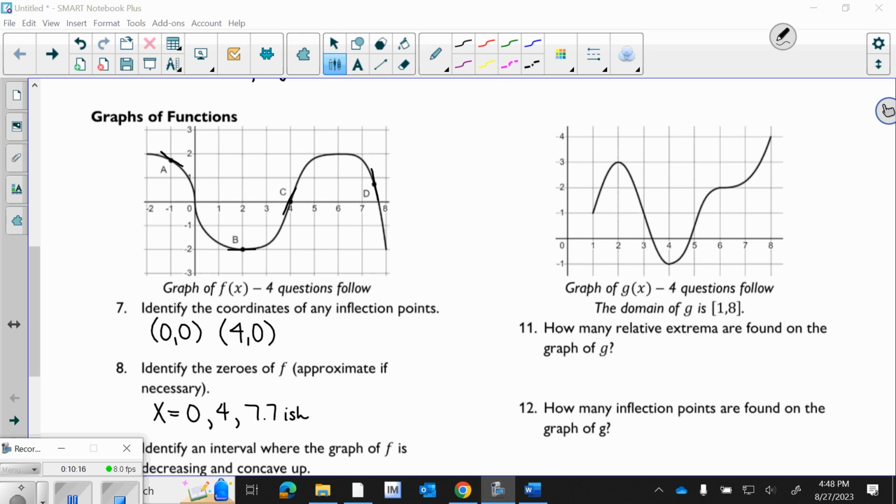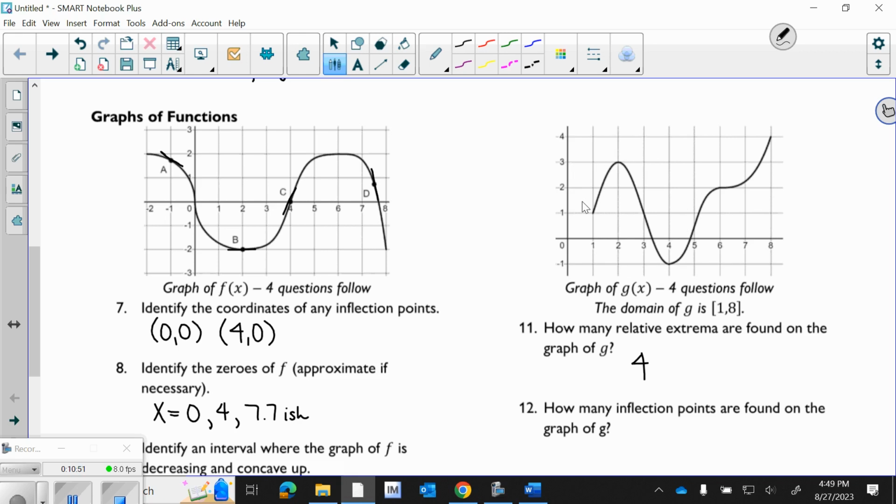So if we are counting the relative extrema on this graph, we want to count our endpoints, and we want to count every maximum or minimum that we see. Now notice, I did not put a point around x equals 6 to 7 because that is a point of inflection, but it is neither a max nor a min. So I have a total of 4 local or relative extrema.